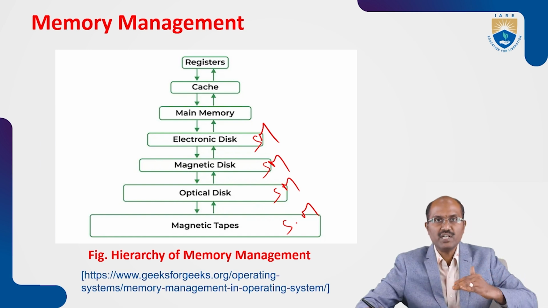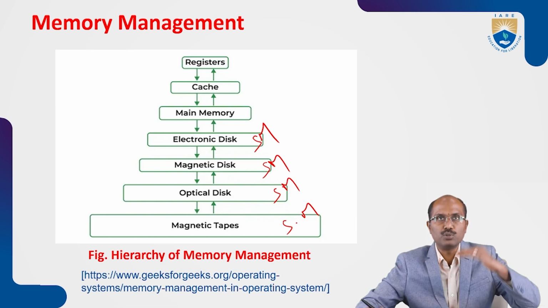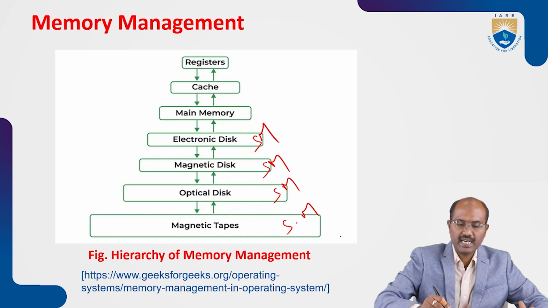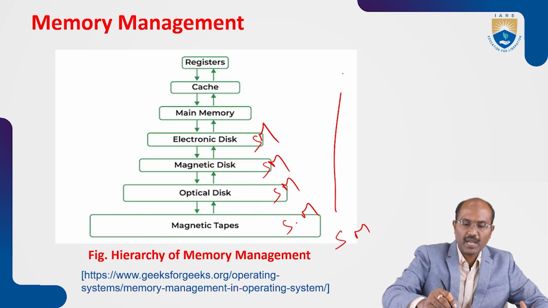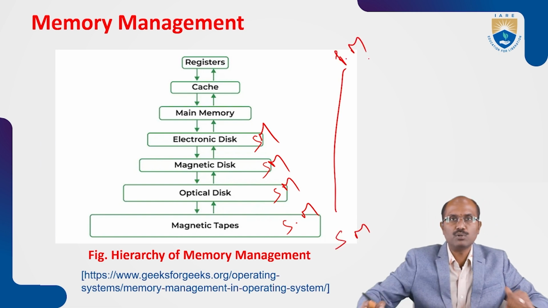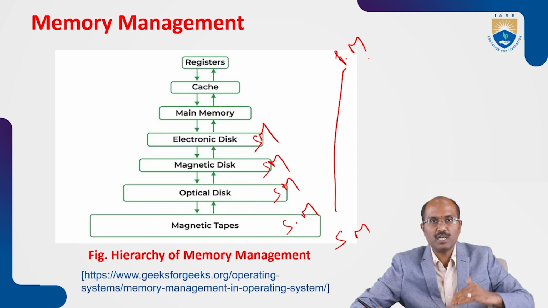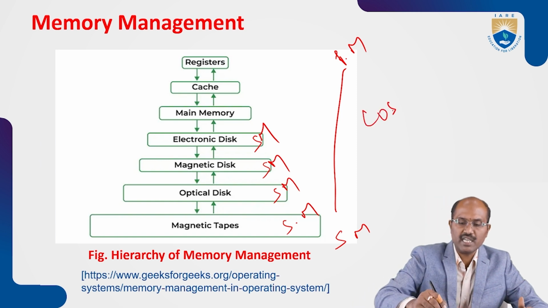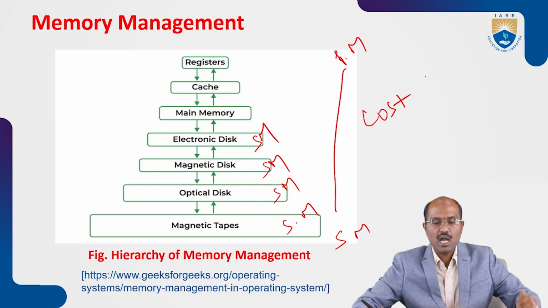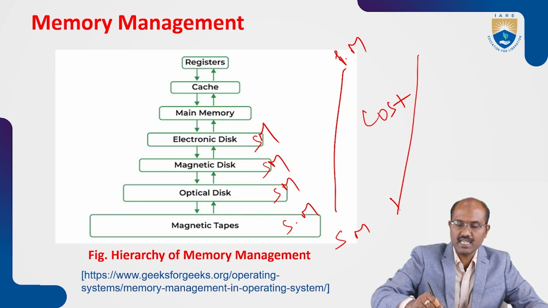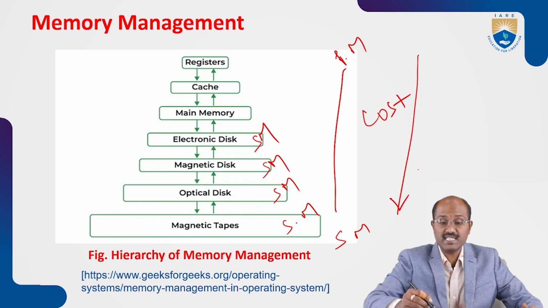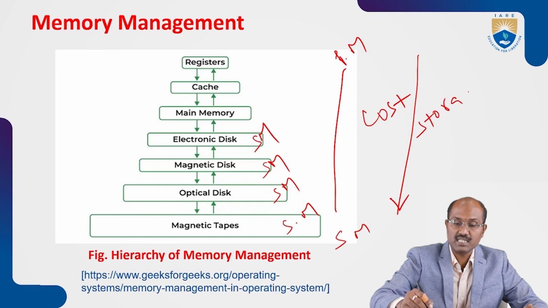Friends, information is processed from bottom to top, that is, from secondary storage memory to primary memory. When you go from bottom to top, cost is increasing and storage speed is decreasing, storage space is increasing.